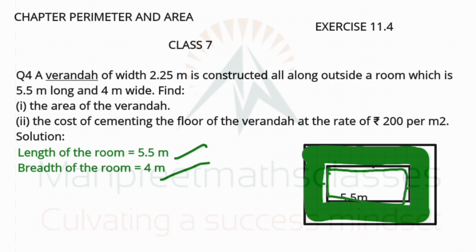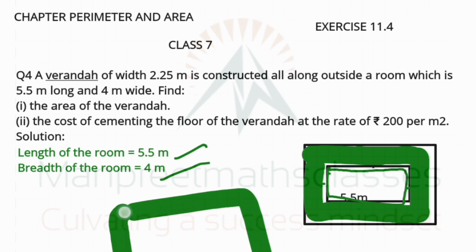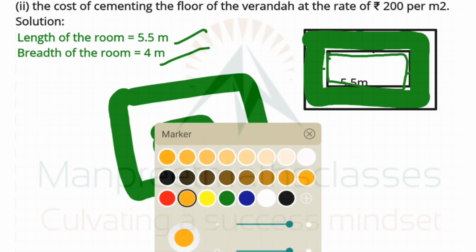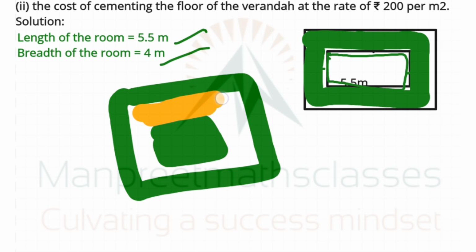One is a big rectangle and second is a small rectangle inside it. So when we subtract the smaller rectangle from the bigger rectangle, the area which will be left will be the area of veranda. I think you are getting why in earlier questions also first we were finding outer length, outer breadth and then calculating that area.